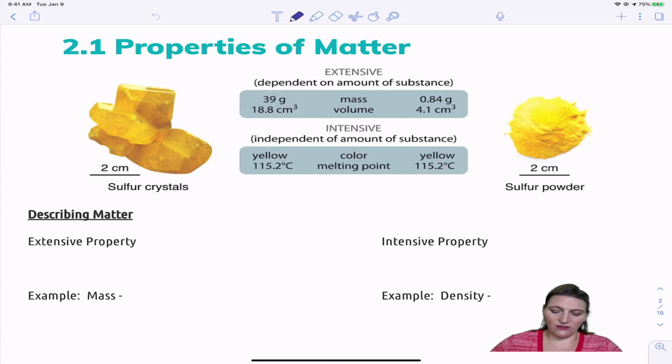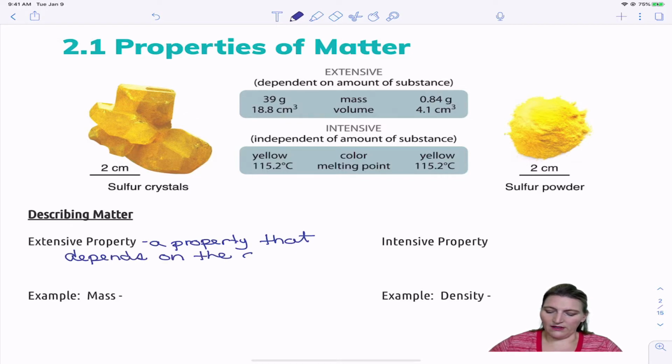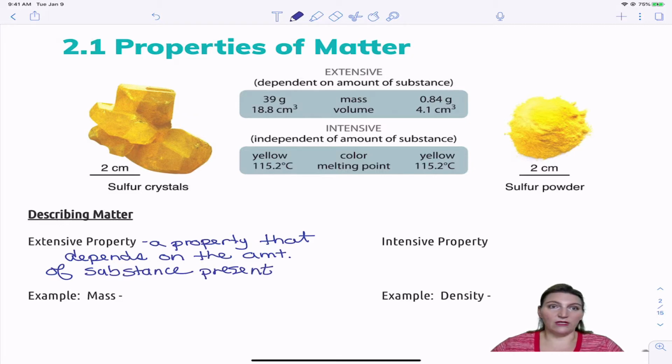So an extensive property, definition of an extensive property: a property that depends on the amount of the substance present. And you can even skip a line.